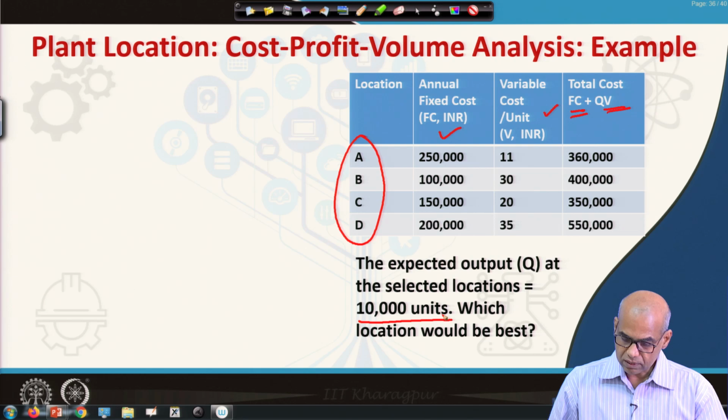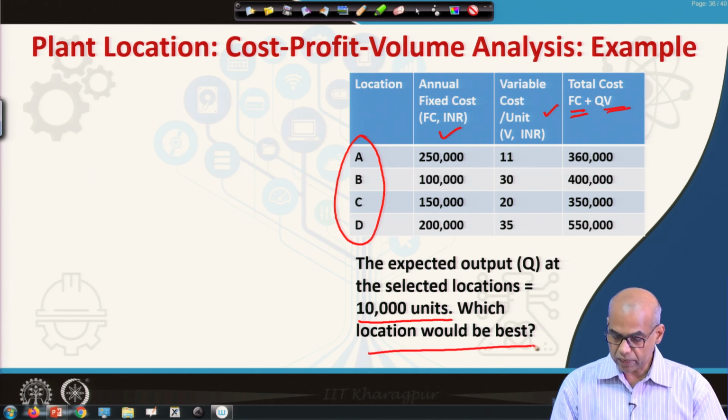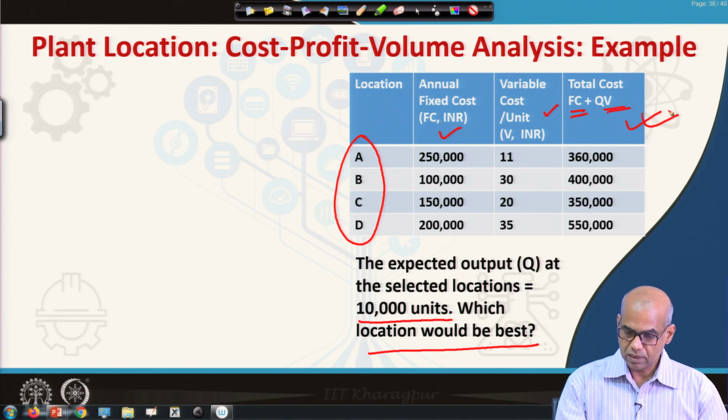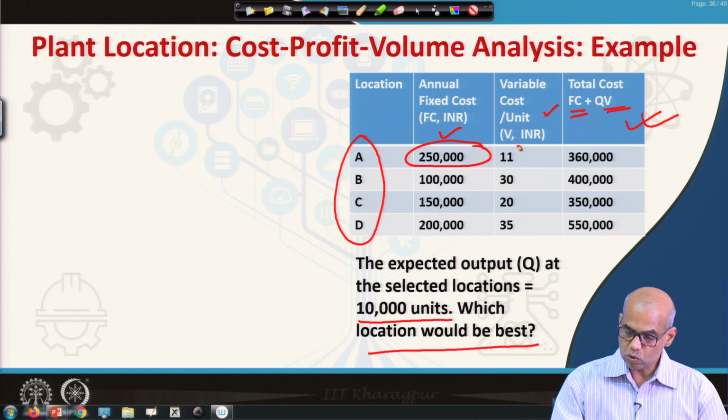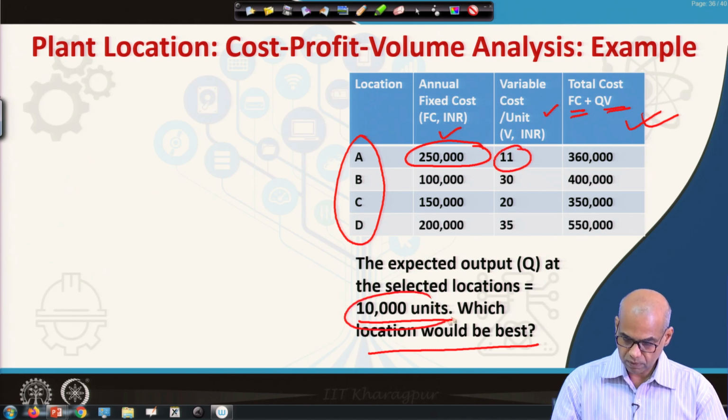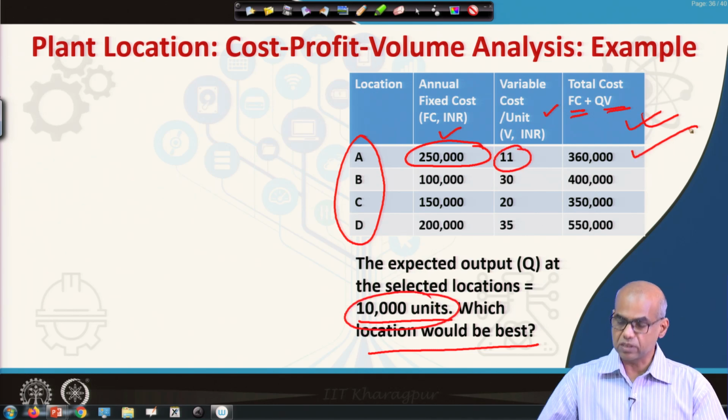what should be the best location for me? So, the total cost you find out as annual fixed cost, say 2,50,000 plus 11 into 10,000, that will give you 3,60,000.